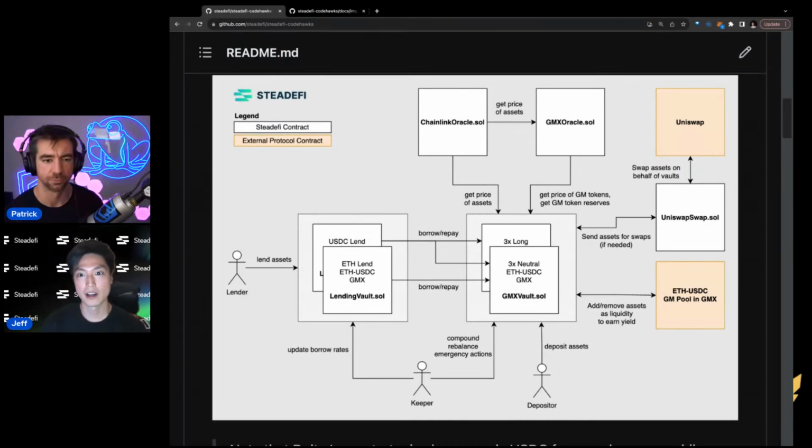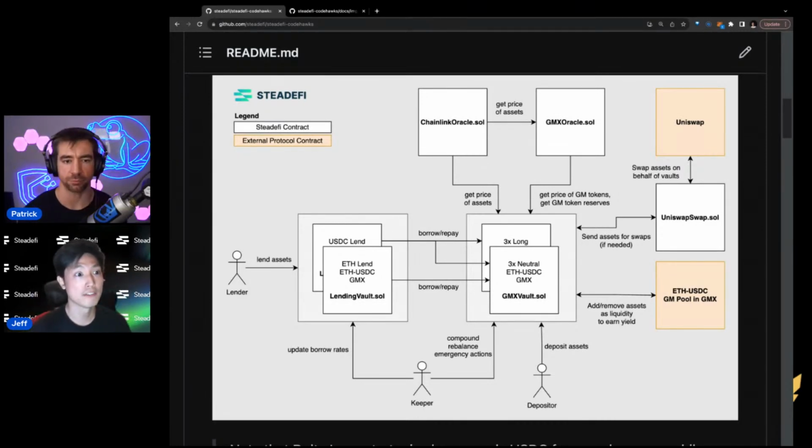Some names that are really OG in this space would be Alpha Mora or Alpaca Finance. One thing that we offer that's a little bit different from some of the existing leverage yield protocols is the strategy vaults that execute not just on a long strategy, but on a neutral strategy.